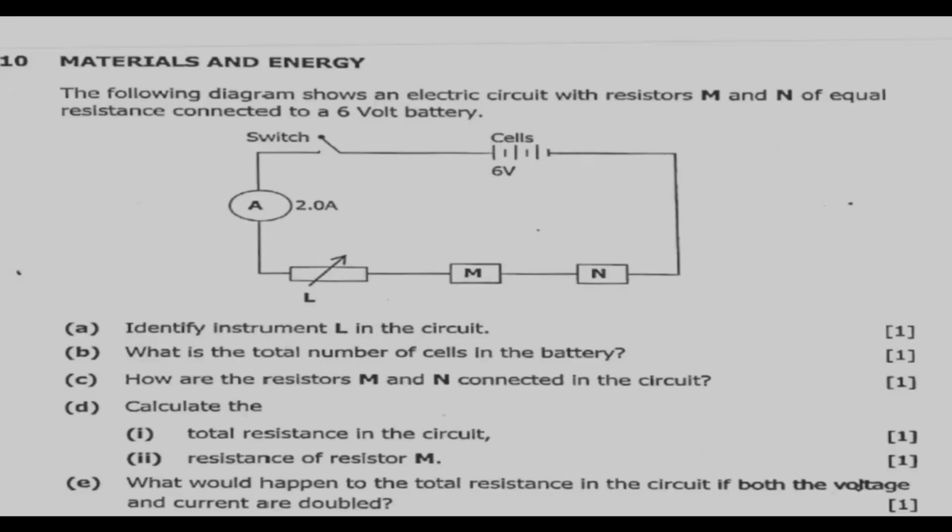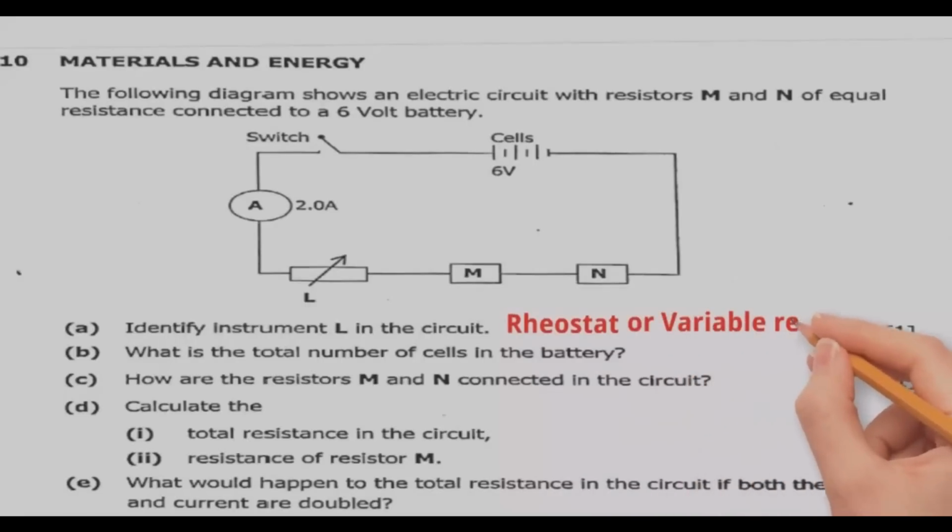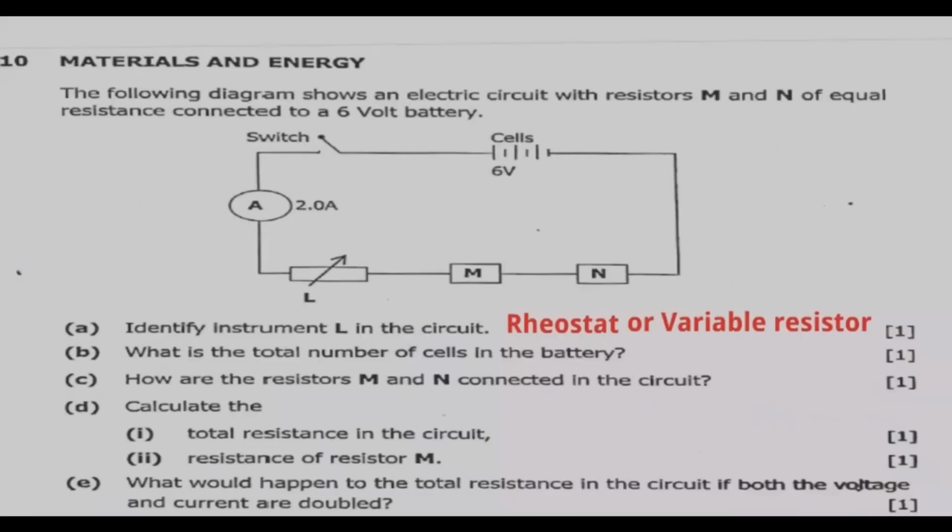Also take note of the ammeter reading, the reading on the cells, the resistance, and the component L. The question is, identify instrument L in the circuit. That is a rheostat, which you can also call a variable resistance.